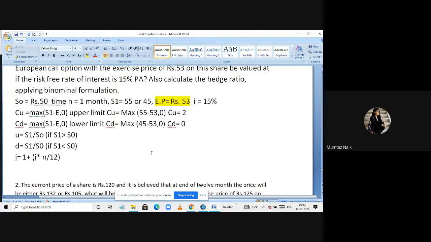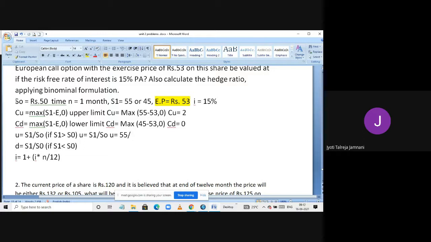No, ma'am. Now we'll find the value of U and D. U formula is S1 divided by S0. U means upper limit or up, so we are taking the higher value. Of 55 and 45, the higher value is 55, divided by S0.